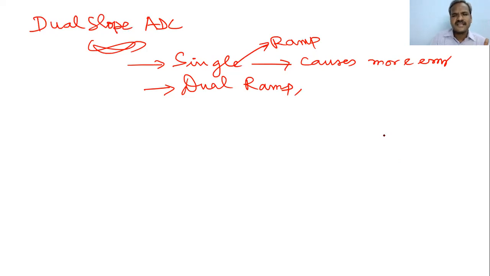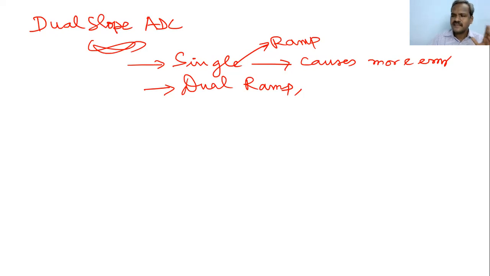The noise is averaged by the positive and negative ramps, so the noise is nullified by means of positive integration and negative integration. Hence the dual slope ADC gives a noise-free measurement.